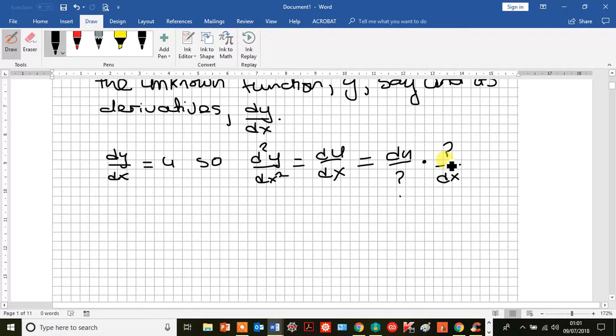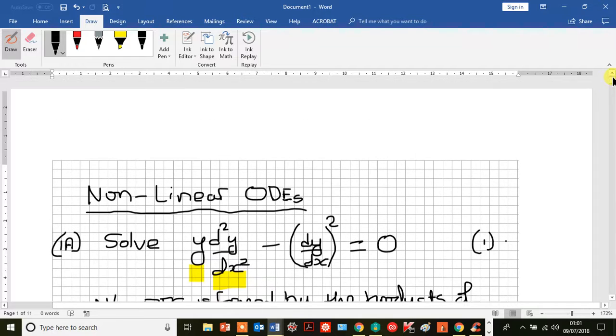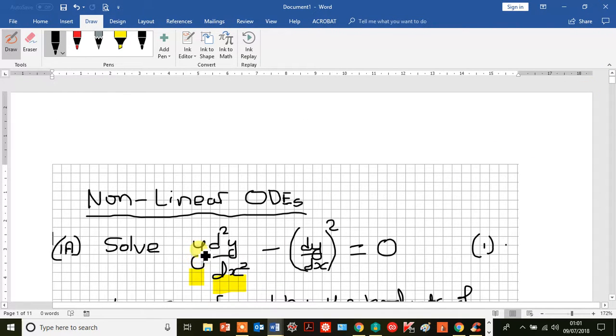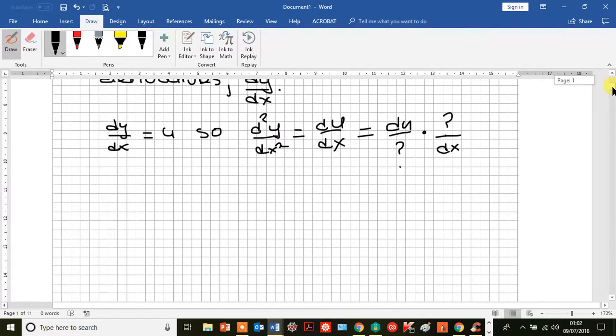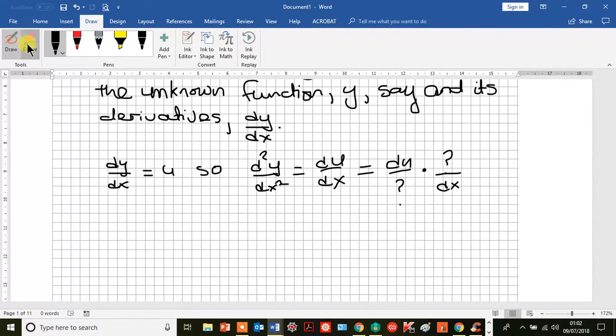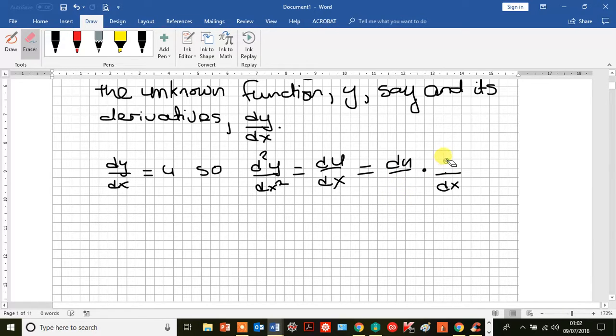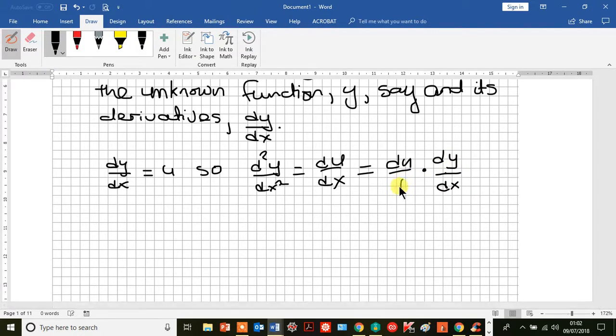So what are we going to choose for the question mark? Well, it's got to be y, because we've got a y coefficient here. We don't want any third terms that would make it difficult or impossible to solve this equation. So we're going to be solving it in terms of y. So I'm going to write a dy there and a dy there.